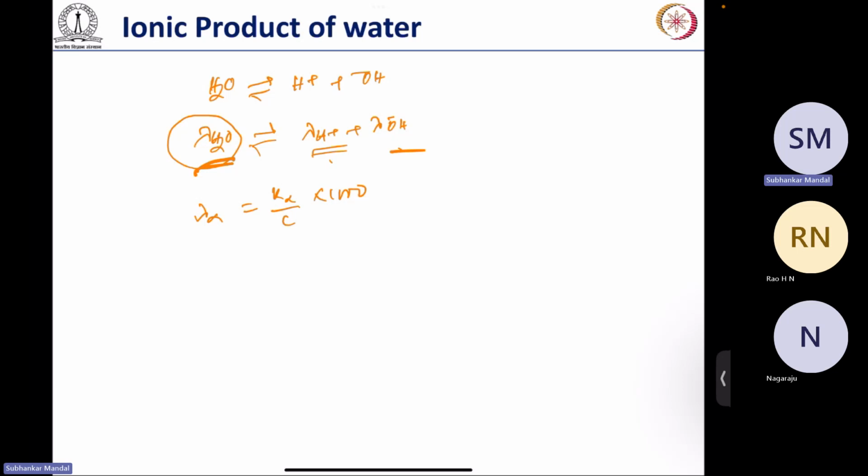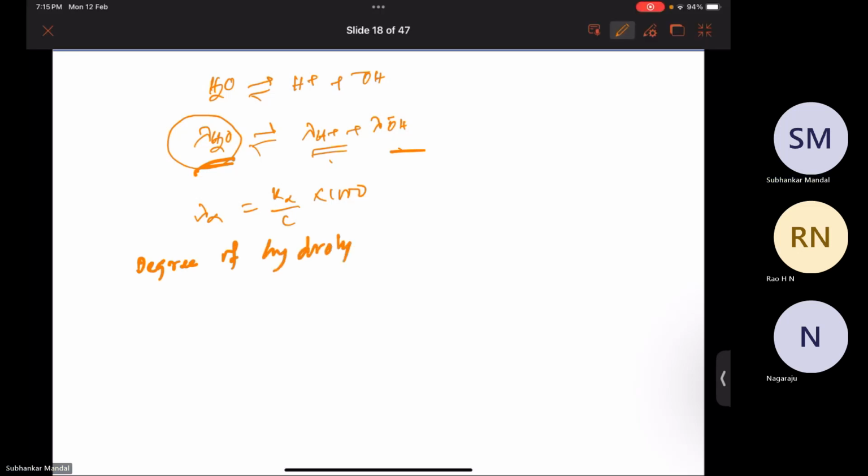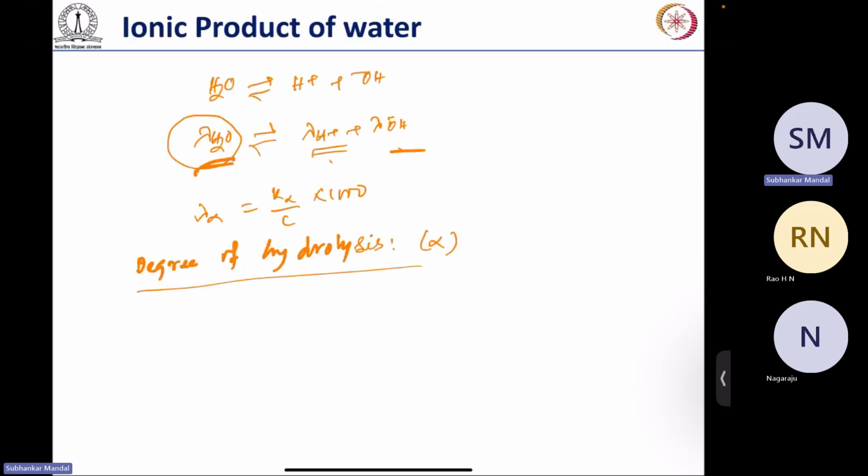And from there, for the dissociation constant and degree of hydrolysis, we can say degree of hydrolysis, that is alpha.